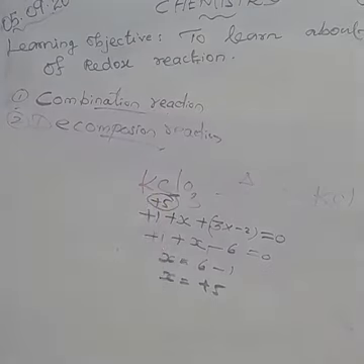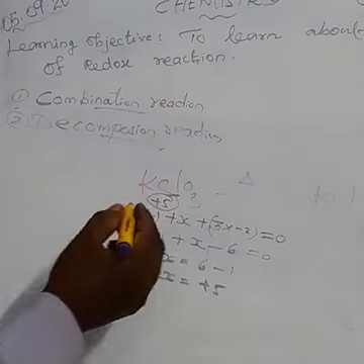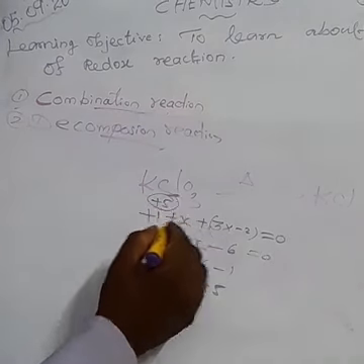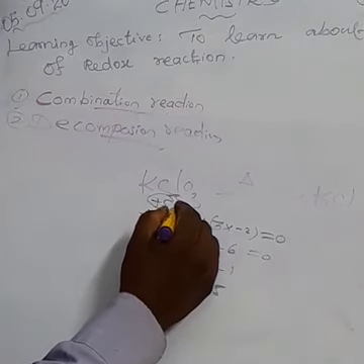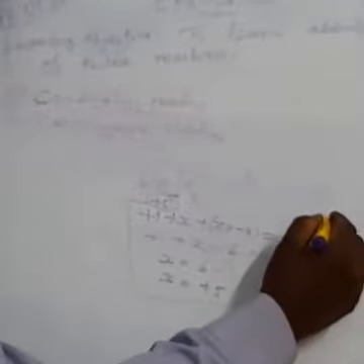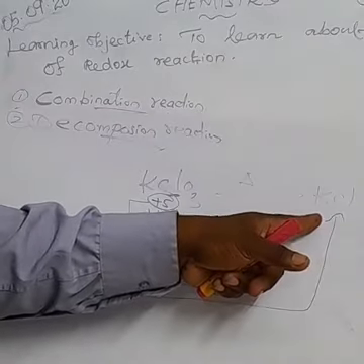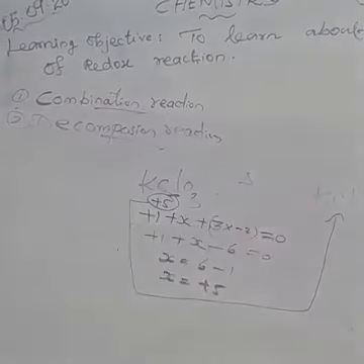Okay? Next one. For this next one on the product side, the chlorine, all of you know it is a 17th group element, am I right?